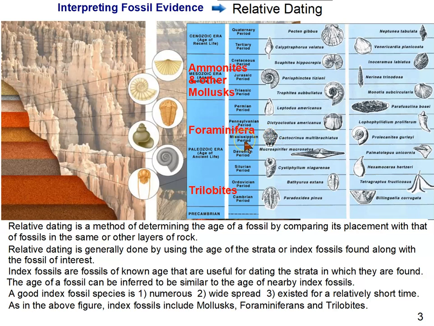They have been used very extensively as index fossils. And then trilobites you may also be familiar with because they're so famous. They're so numerous. But they fossilize really well because they have an exoskeleton. They're arthropods, so they have an exoskeleton. And that means they fossilize really well. There have been many species over time, so they make really good index fossils.